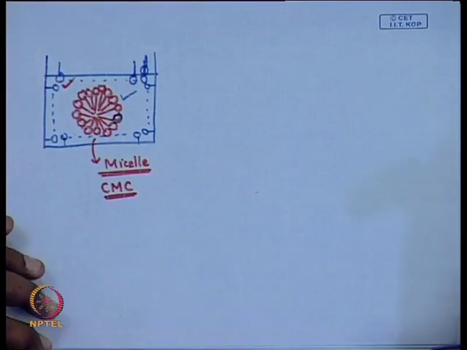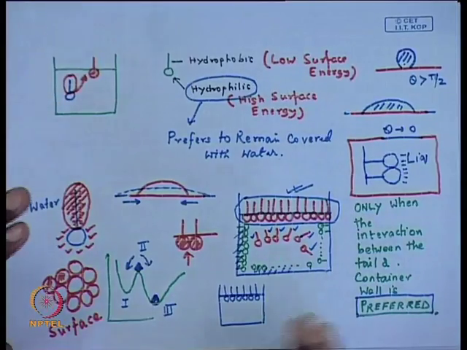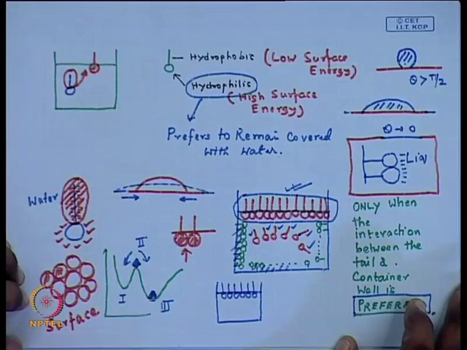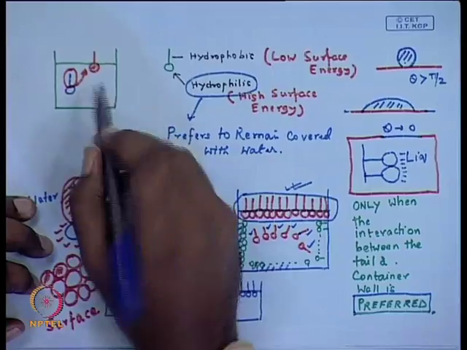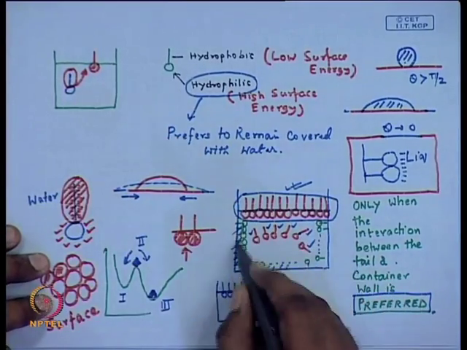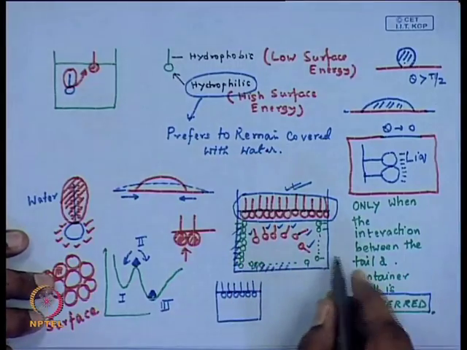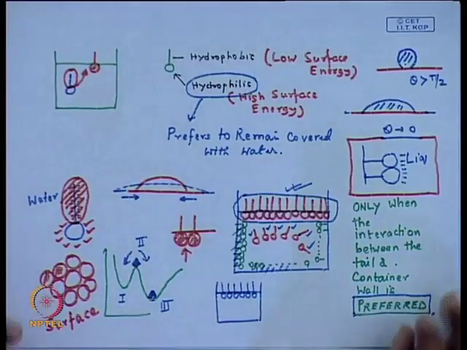So, you must understand, if you take a beaker full of water and go on adding surfactant molecules, increasing the surfactant concentration, the moment you start adding surfactants, it is not going to form micelles, because the first few molecules will go to the liquid air surface and cover it fully. Only then, depending on the material, this is a slightly contradicting view. This view shows that your CMC depends on the material of construction, but reality is that even if you consider that, the difference will not be much.